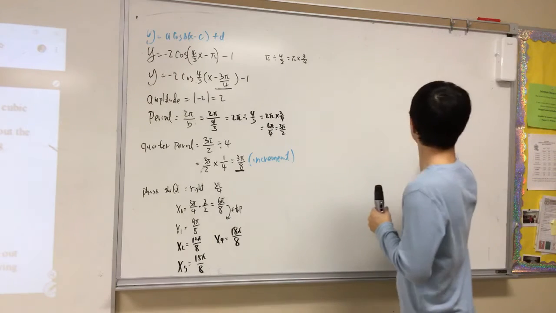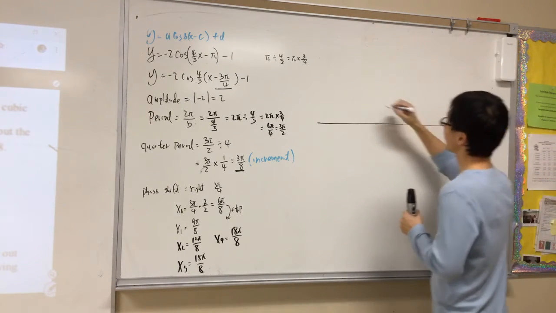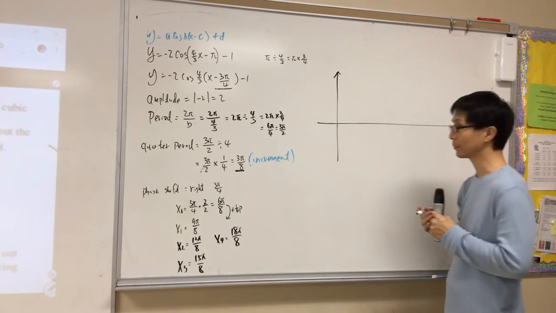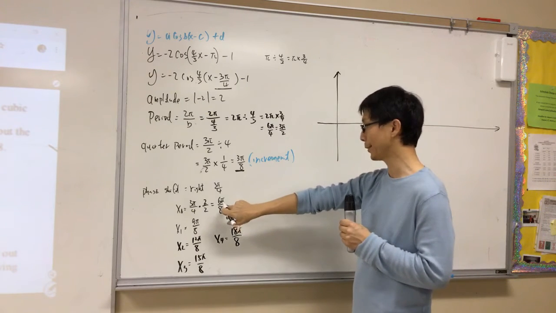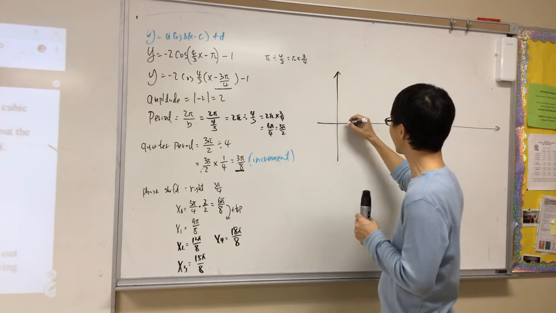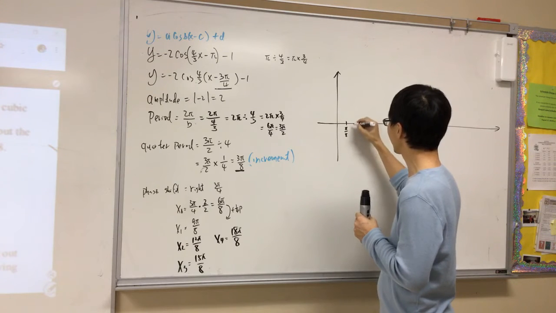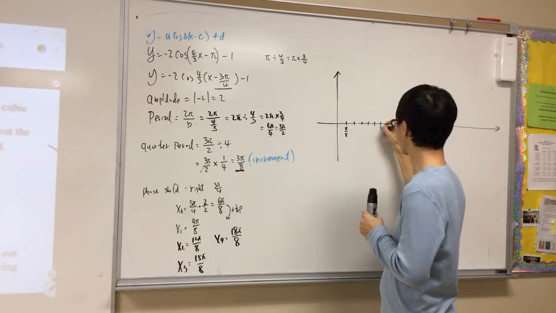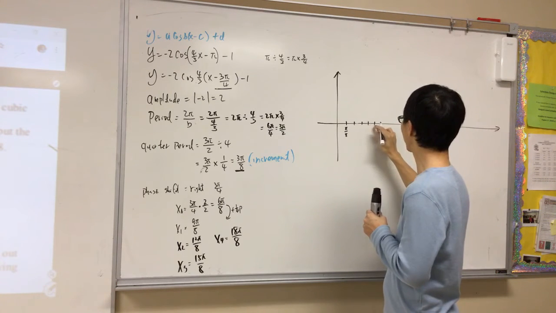So what happened is I'm going to start graphing. So where's my graph? My graph starts at where? 6 pi over 8. So what I'm going to do is I'm going to do pi over 8. So I'm going to do 6 pi over 8. 1, 2, 3, 4, 5, 6.